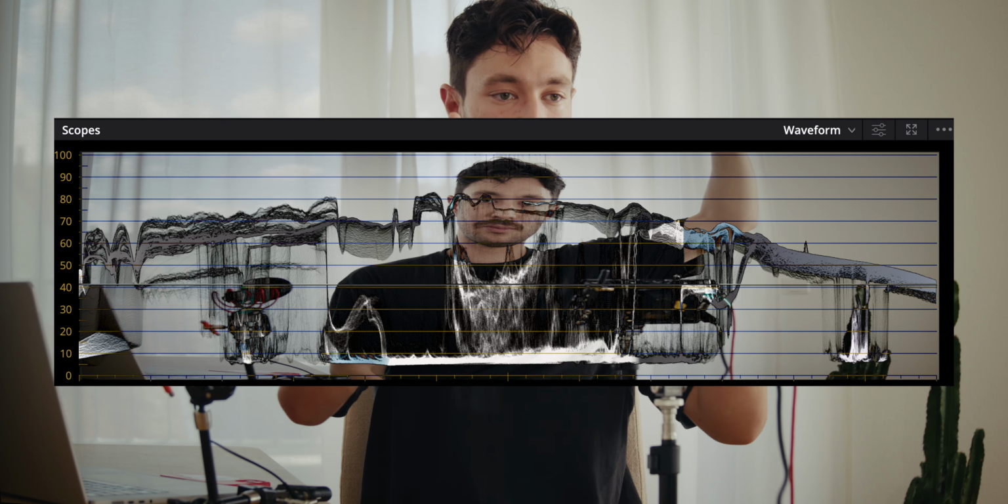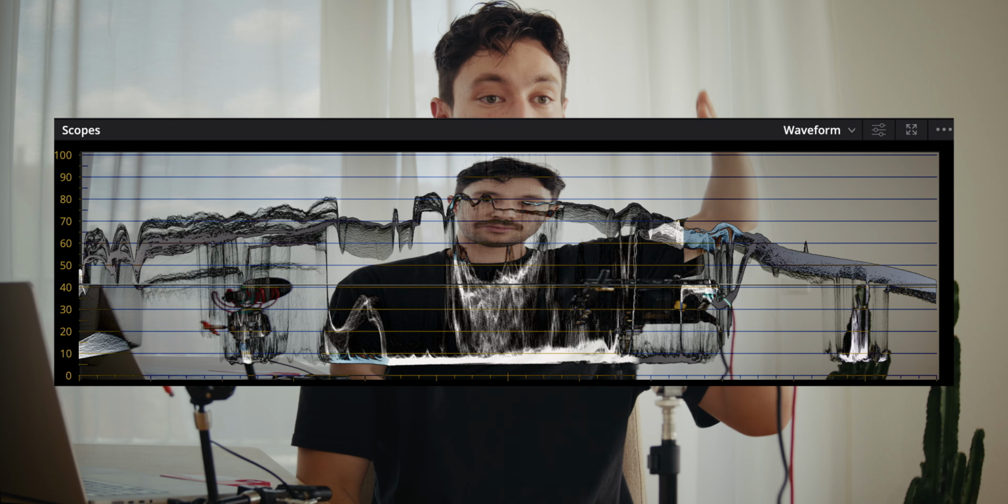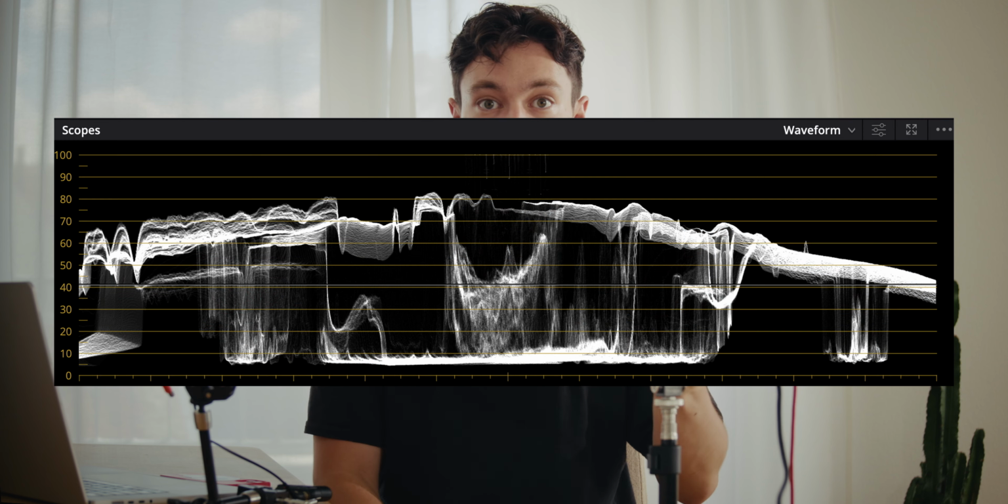Believe it or not, IRE actually stands for Institute of Radio Engineers, which doesn't really mean anything, because it's just a unit that measures the video signal levels. It takes your image, and we have this graph, and this graph represents your image. Put the image onto the graph, and then it basically represents the different brightness levels of the image.